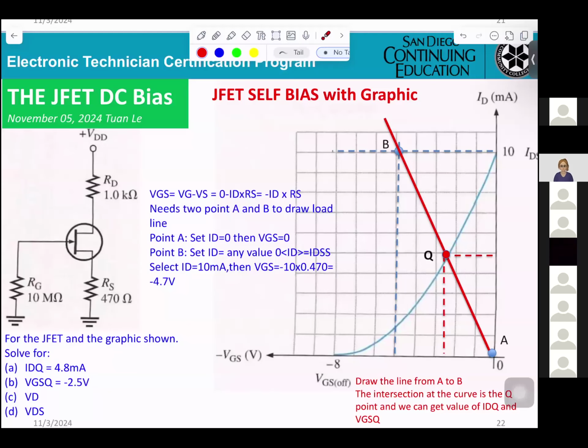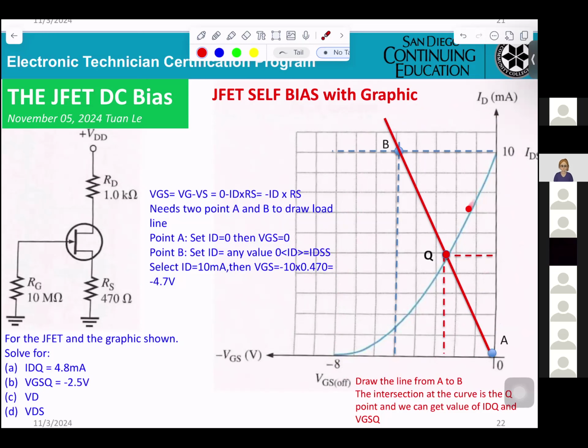Okay, self bias. Normally you don't have to calculate the self bias without being given something else. However, by the way, they gave you this circuitry, and you see they routed here. There will be a self bias. And for self bias, they're asking for the graphic here.